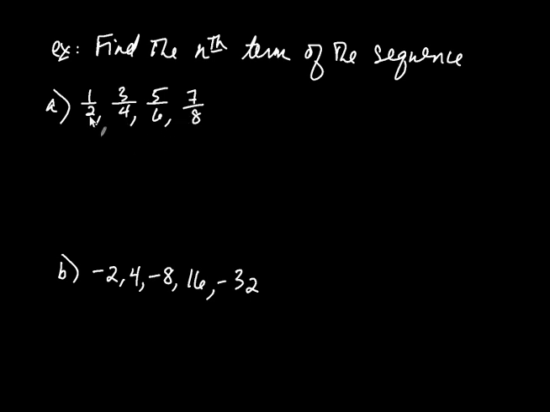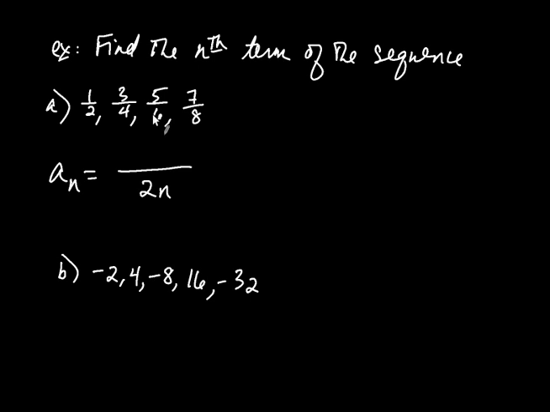So in other words, isn't 2 2 times 1? 4 is 2 times 2. 6 is 2 times 3. 8 is 2 times 4. So I can see right away that for the nth term, the denominator is always going to be 2 times n. That is, when n is 1, I get 2. When n is 2, I get 4. When n is 3, I get 6, and so on.